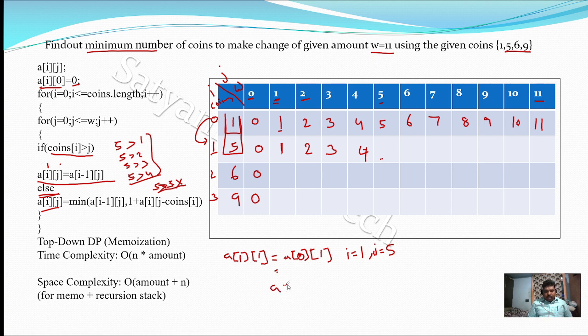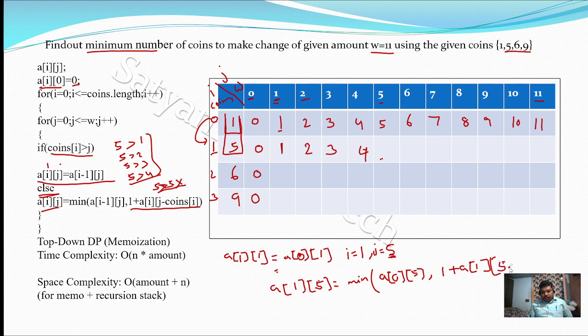So this is I and this is j. So else block is executed. So else block a of ij. So I value is 1, a of j, j value is 5 here. It is minimum of a of I minus 1, that is 1 minus 1, that is 0. Here it is j value is 5, a of 0 5 comma 1 plus a of 1, j value is 5.